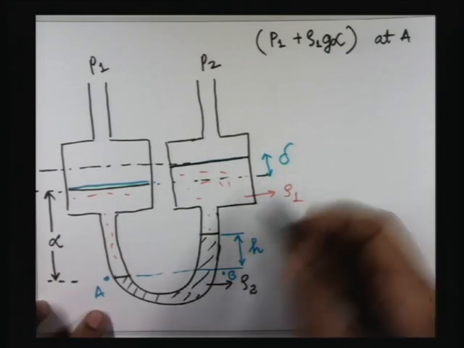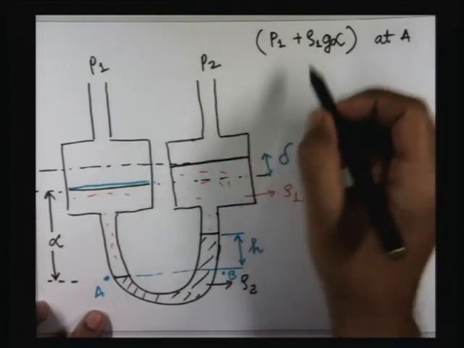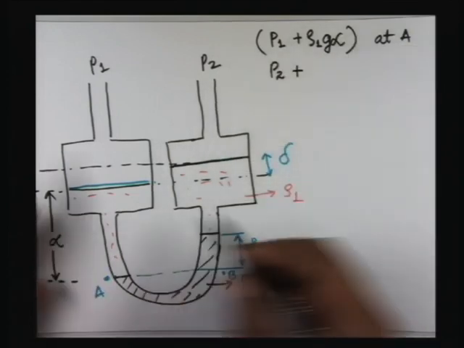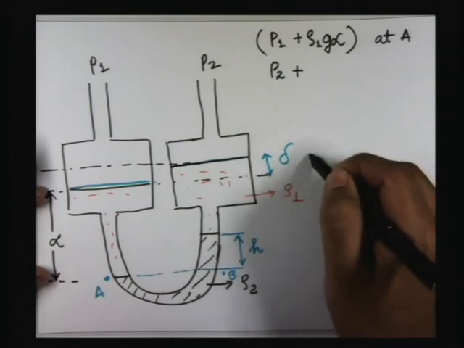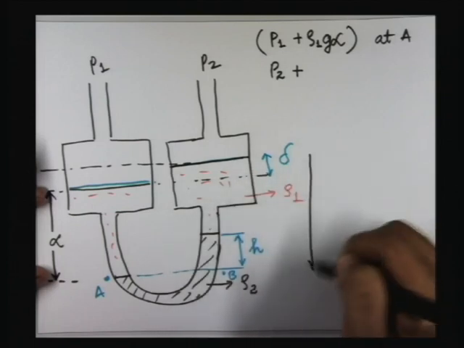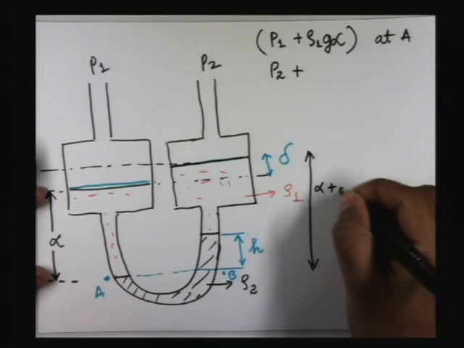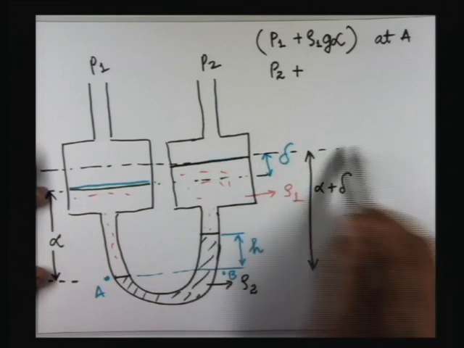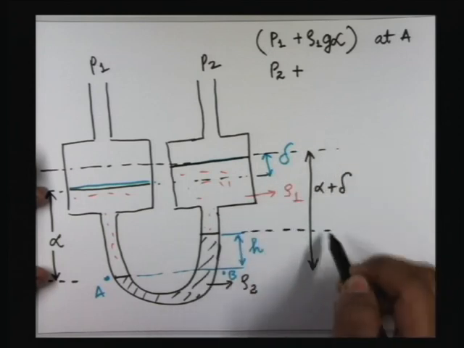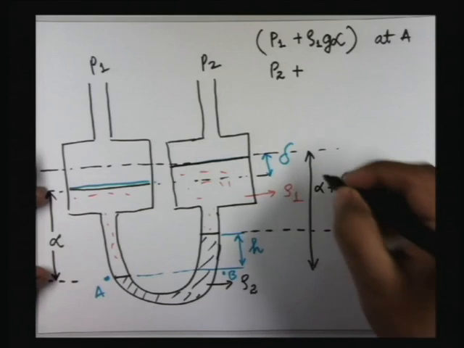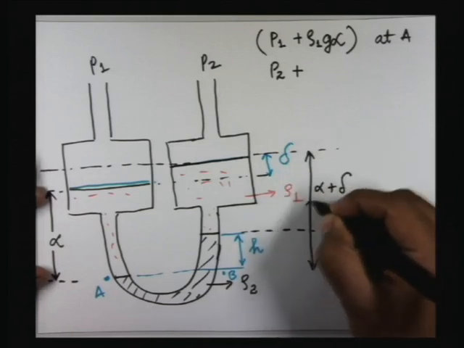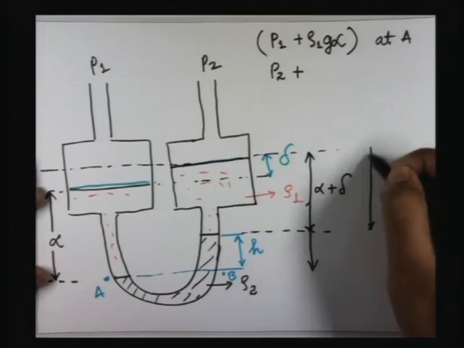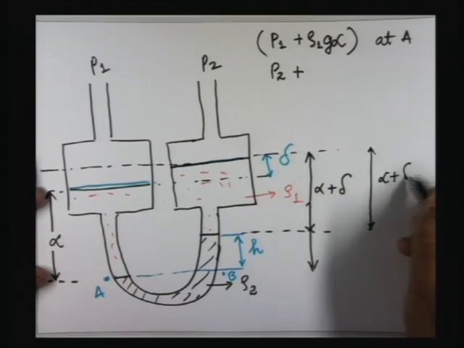The pressure at point B will be P2 plus, so since this is alpha, this height will be alpha plus delta, right, because this is delta over and above alpha, and this height is small h. So this height will be alpha plus delta minus h.